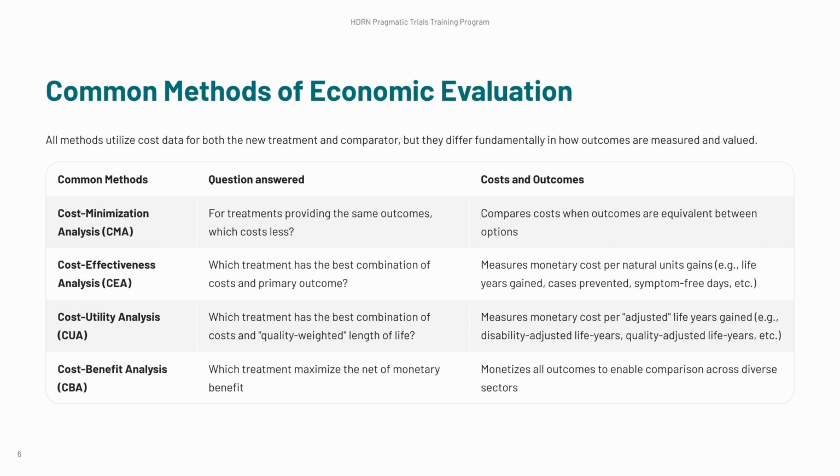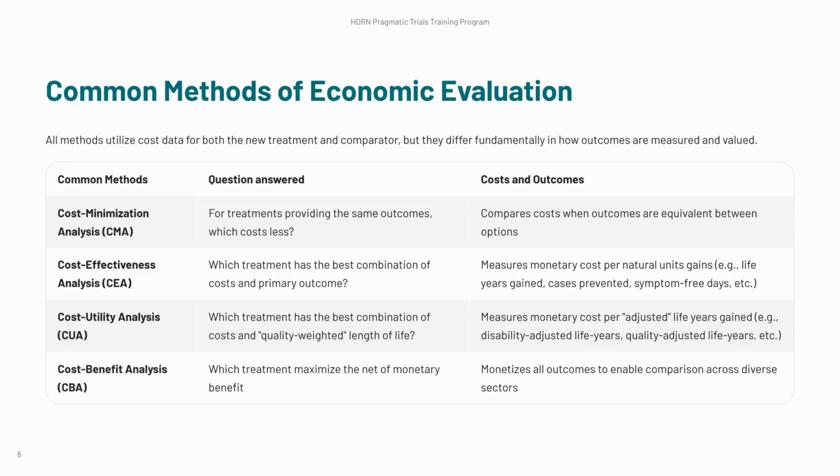This table breaks down common methods of economic evaluation, and you can really see how each one focuses on different ways of defining value. All economic evaluation methods use cost data for both the new treatment and its comparator, but they differ in how they measure outcomes. Cost minimization is used when outcomes are equivalent, so the focus is solely on cost. Cost effectiveness measures outcomes in natural units, like life years gained or symptom reduction.